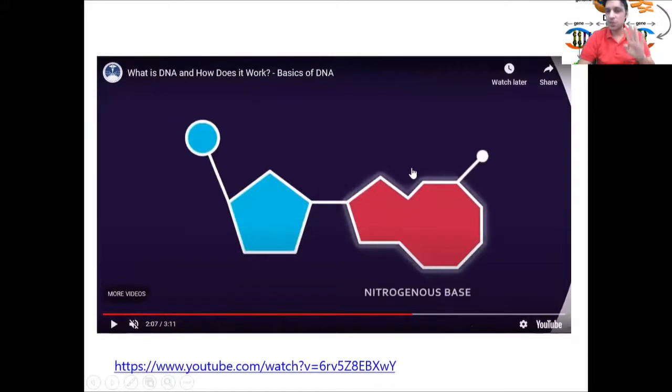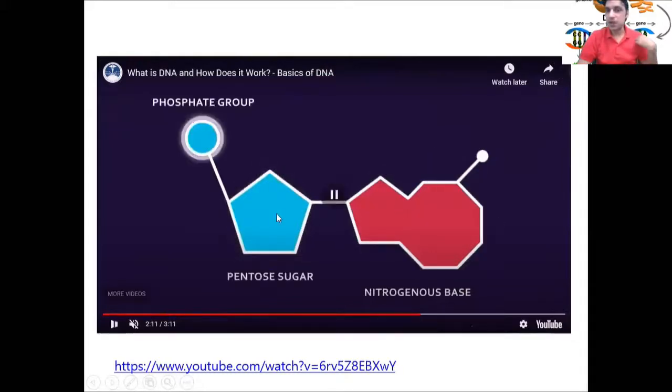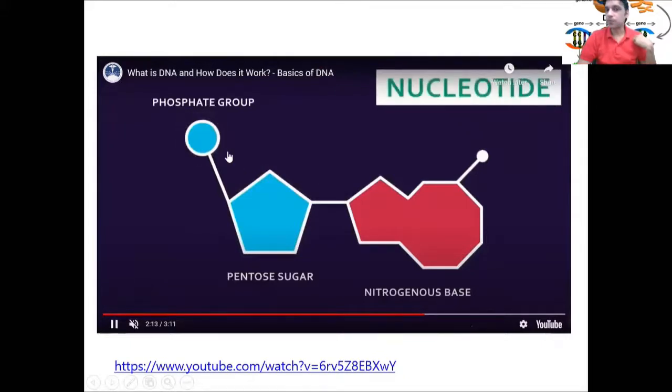Now each base pair is made up of 3 components. One is a nitrogenous base, the second is the pentose sugar, and the third is a phosphate group. Together it is called one nucleotide.